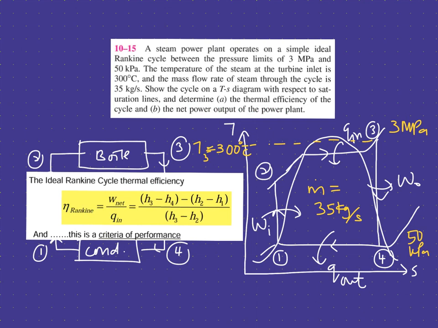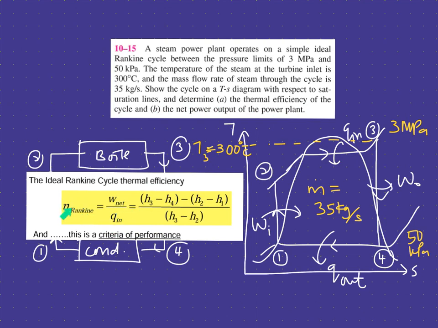When you expand this work net, this is actually the work of your turbine, which is in between 3 and 4, minus the work of your pump, which is in between 2 and 1, and you divide it by the required input, which is in your boiler, happening between 3 and 2. And you were also asked to find the net power output of the power plant. Basically this is your work net, but it must be in power, so the unit is in kilojoule per second.